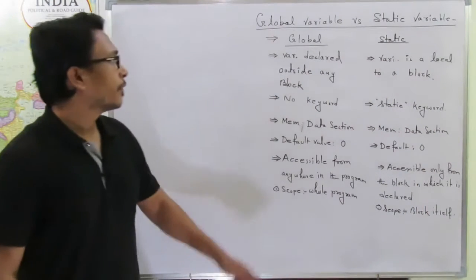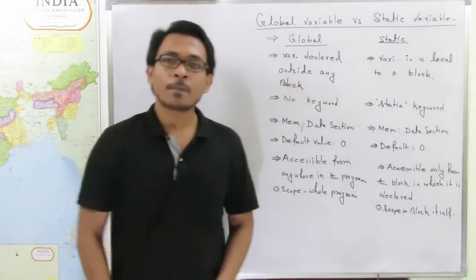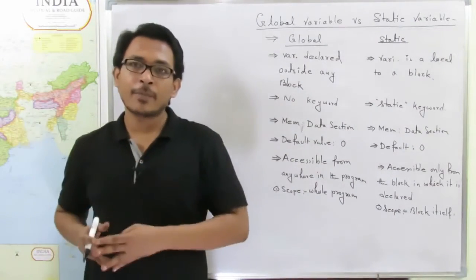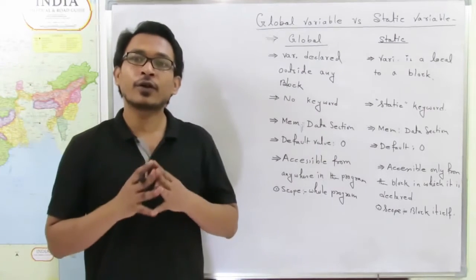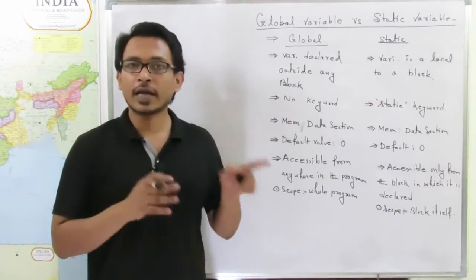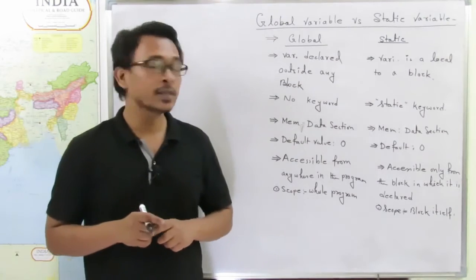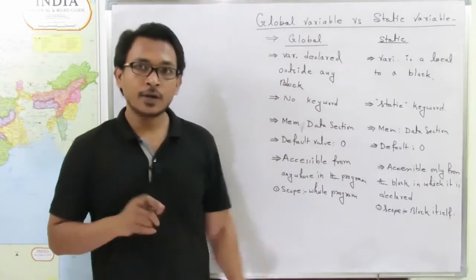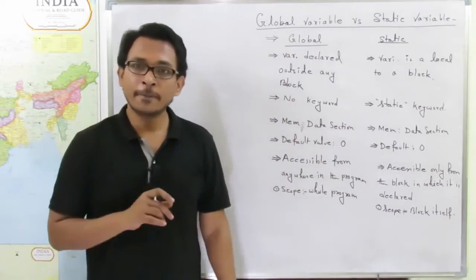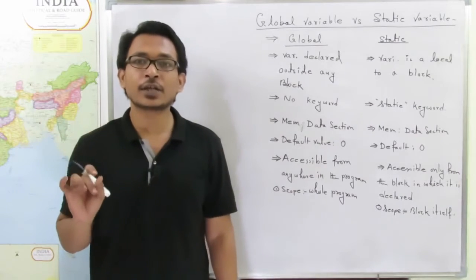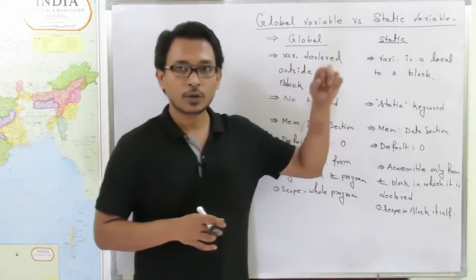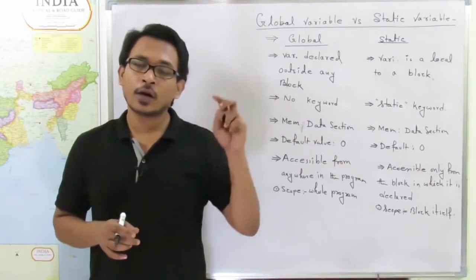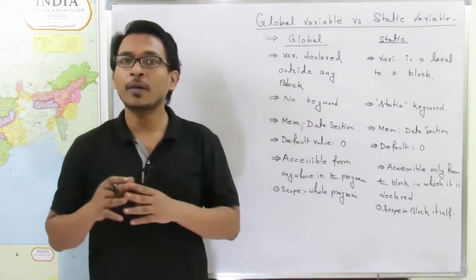But for a global variable, the variable exists in memory for the whole execution time of the program. That means for global variable the life of the variable will be the whole execution time of the program, and in case of static variable also the life will be the whole execution time of the program.